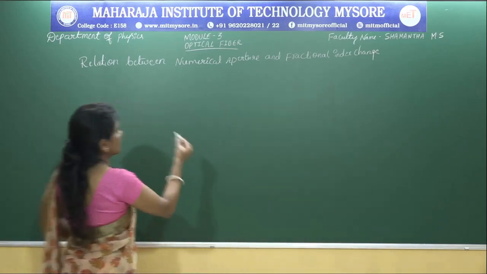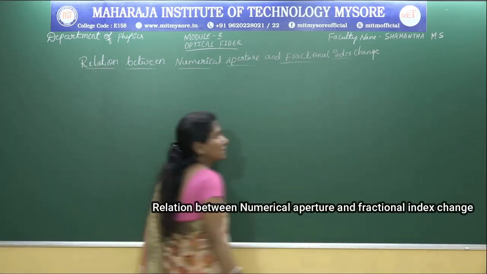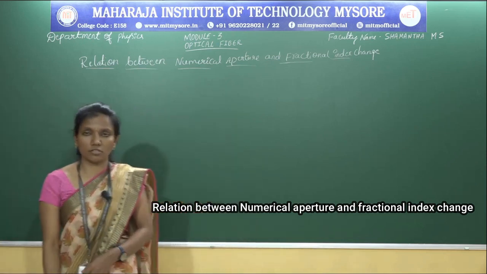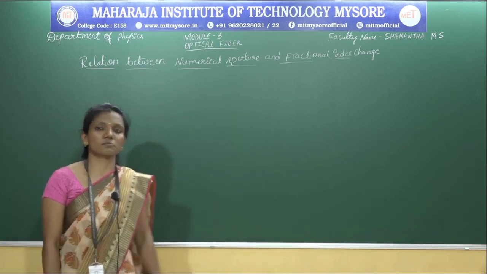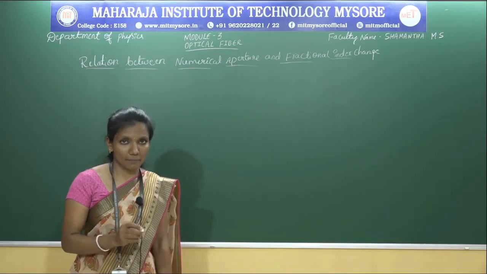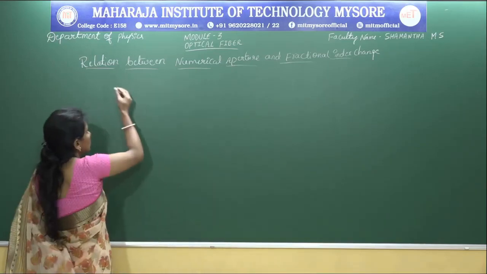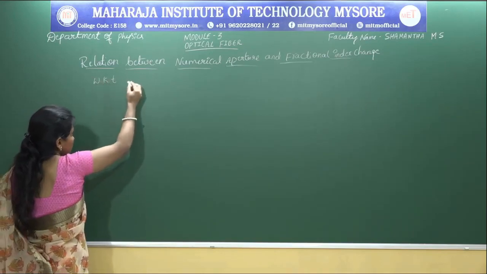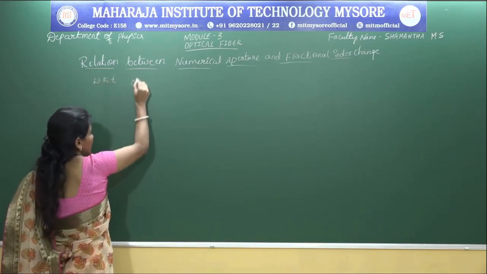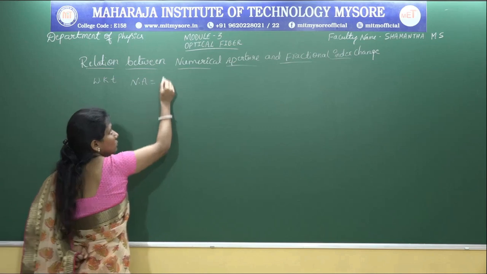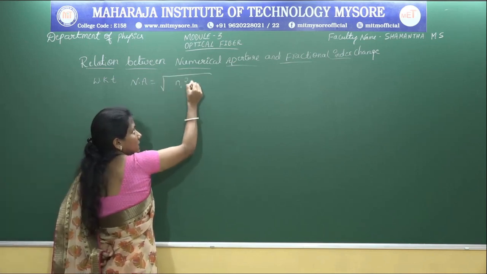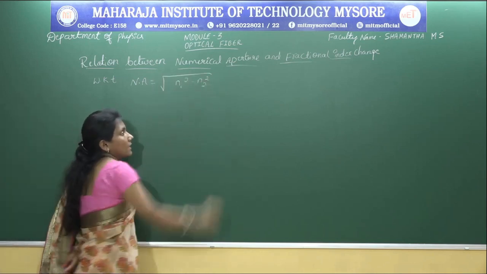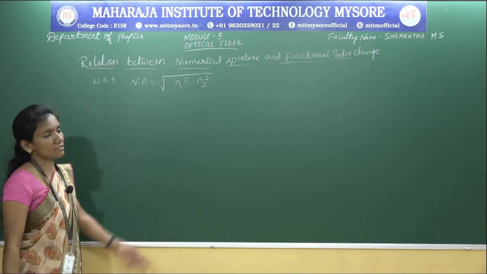So we know the expression for the numerical aperture, that numerical aperture is equal to root of n1 square minus n2 square, right? And what is the fractional index change?